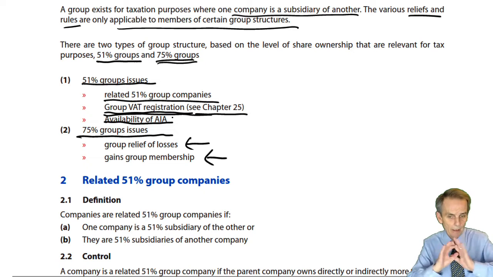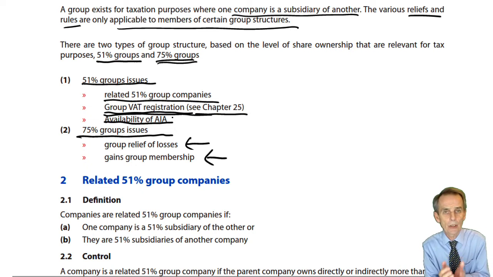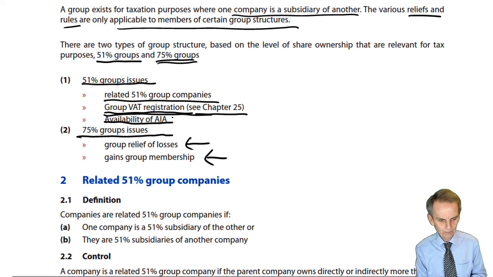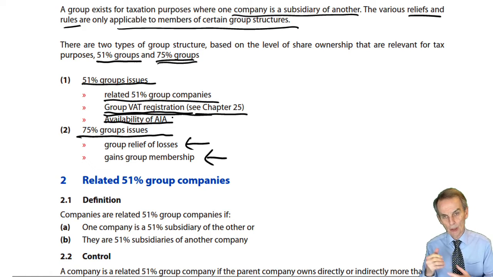If the total qualifying expenditure amongst the 5 companies doesn't exceed 1 million, it's not a problem. Then all of those companies will have their entire AIA availability. But if the total expenditure is more than 1 million, then we haven't got enough AIA available to go around.